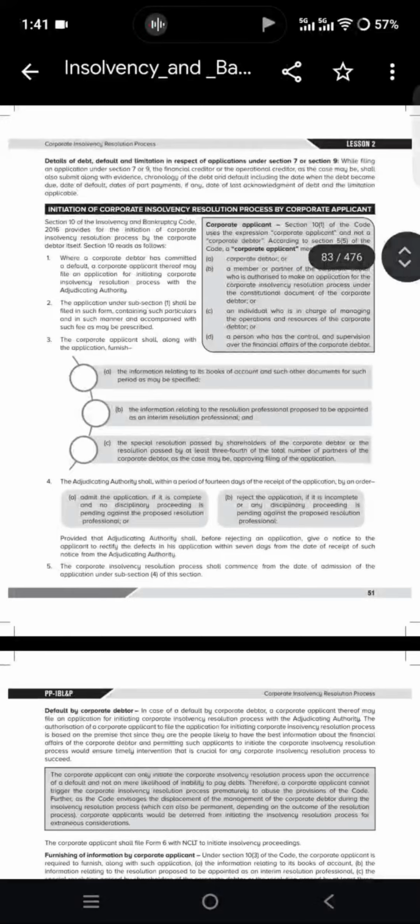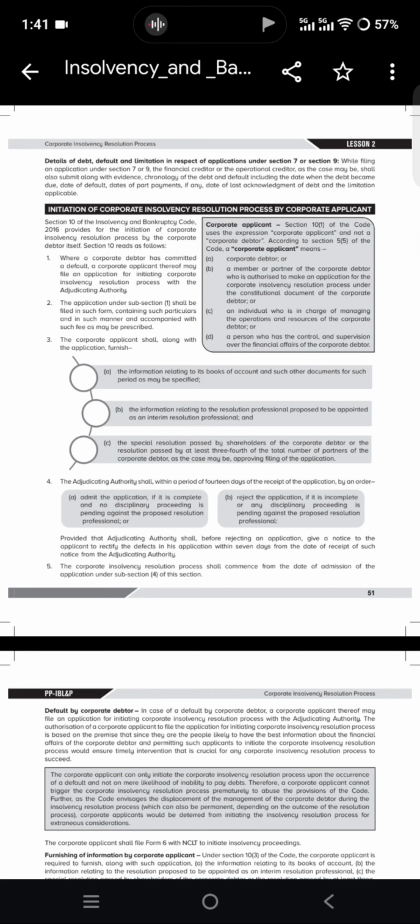Initiation of CIRP by corporate applicant. Section 10 clause 1 of the Code uses the expression corporate applicant and not corporate debtor. According to Section 5(5) of the Code, a corporate applicant means a corporate debtor, or a member or partner of the corporate debtor who is authorized to make an application for the CIRP under the constitutional document of the corporate debtor; an individual who is in charge of managing the operations and resources of the corporate debtor; or a person who has control and supervision over the financial affairs of the corporate debtor.